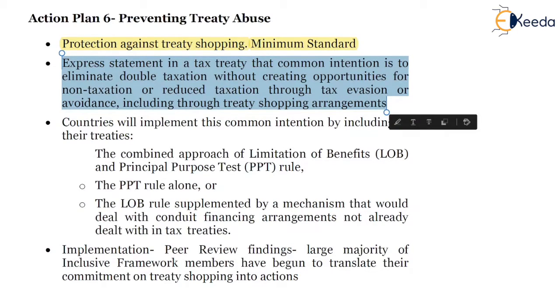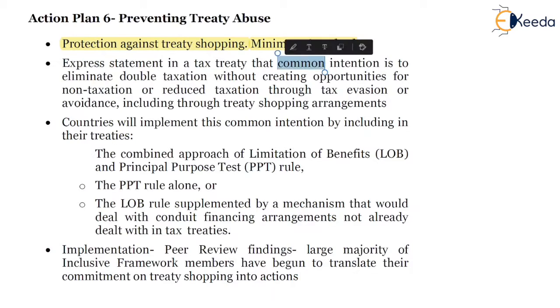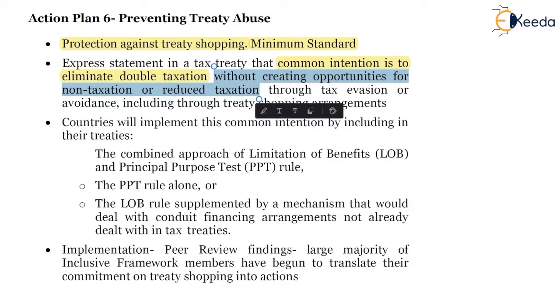So, as per OECD recommendations, an express statement should be made in the tax treaty itself, wherein the common intention is to avoid double taxation without creating opportunity for non-taxation or reduced taxation, including treaty shopping arrangements.